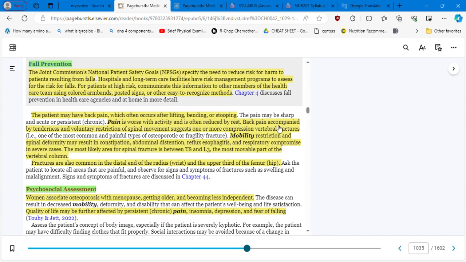Back pain accompanied by tenderness and voluntary restriction of spinal movement suggests one or more compression vertebral fractures. This is very important. For us nurses, our job is to assess and to observe.